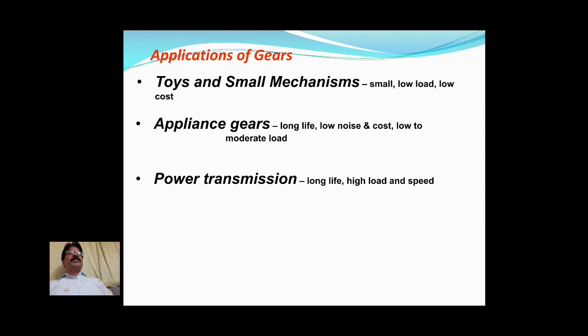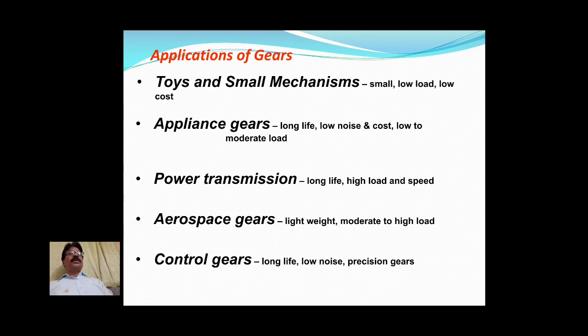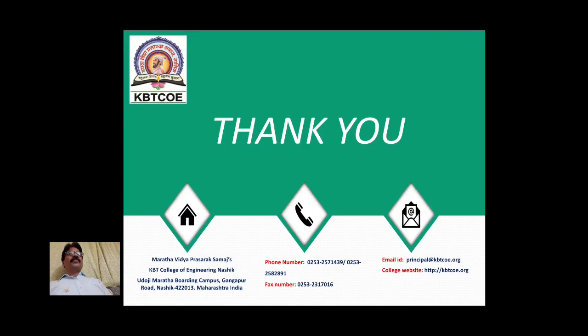Then there are power transmissions. They have long life, high load and speed. They are majorly used for the transmission of power. Then aerospace gears must be lightweight and can take moderate to high load. The last one is control gears. They must have long life, low noise and precision, because they are used for control.